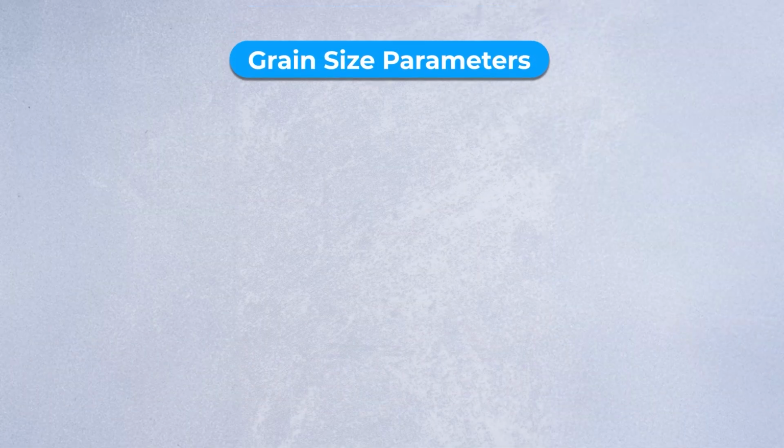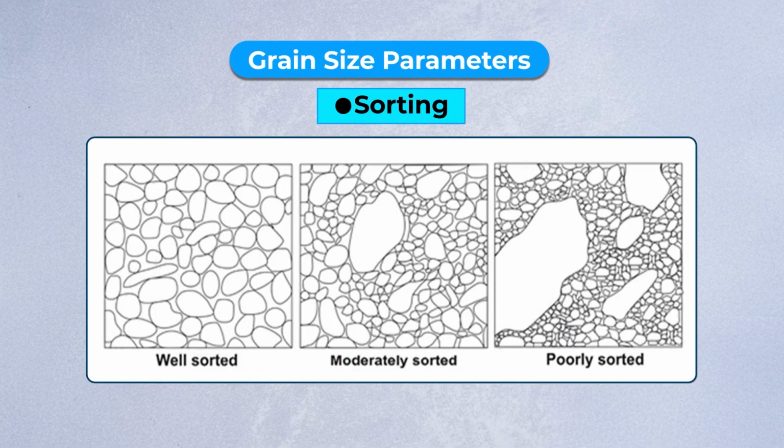One of the important parameters of grains is sorting. The sedimentary grains get sorted in different ways. Most of the grains are of almost similar size, without any material, neither cement nor matrix nor any other material.